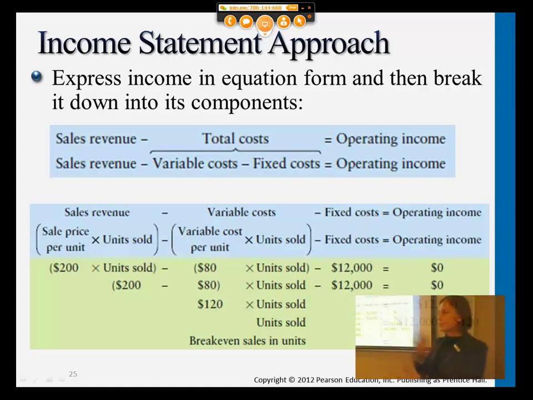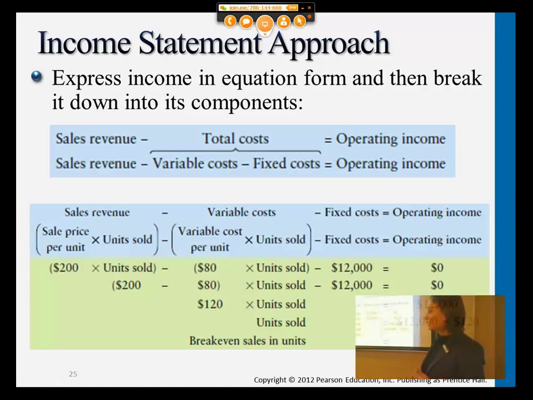Now I'm going to rearrange all of that to figure out how many units I need to sell to break even. So I have 120 multiplied by units sold equals 12,000, moving the 12,000 to the right. Now my units sold is 12,000 divided by 120.